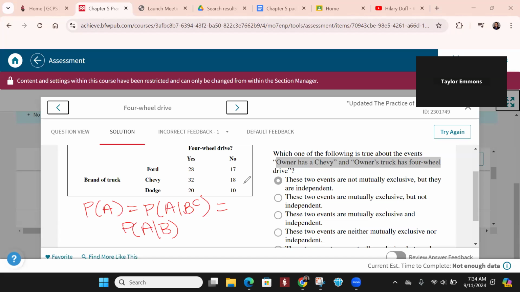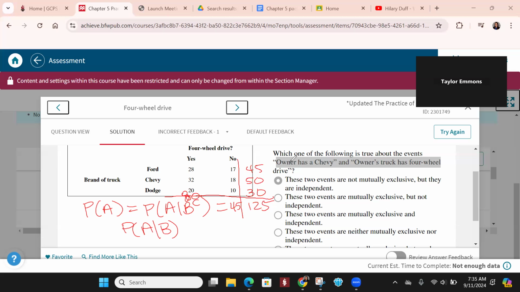Go ahead and add those. What's 28 plus 17? And what's 32 plus 18? And what's 20 plus 10? Okay, and then how much is that in total? Then you can add these up. Add up my no column. 45. Yes. 45. Okay, what about this one? 80? Okay.